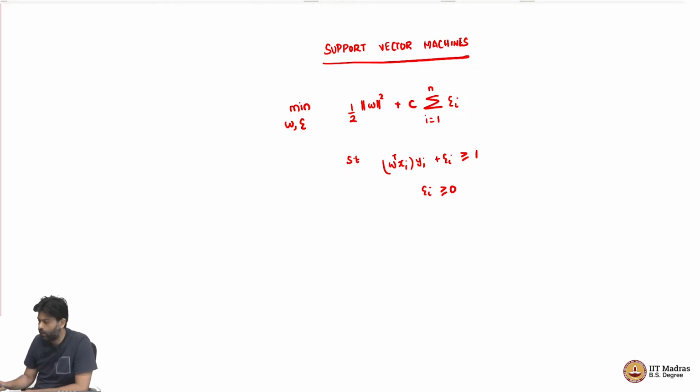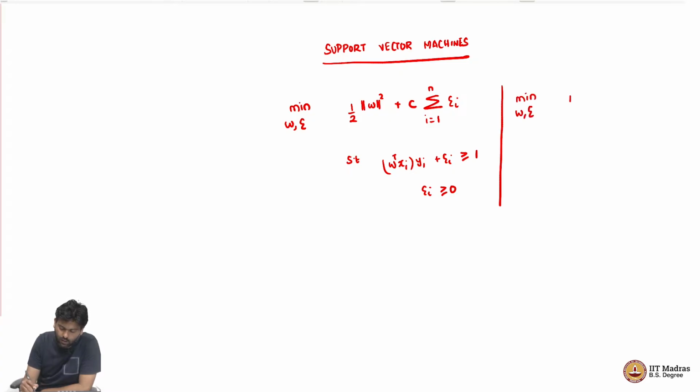Now, one way to rewrite this formulation would be as follows, because we want to understand this from a loss functions point of view. I can rewrite this equivalently as: minimize over W and psi. I am not doing major modifications here, I am just bringing it into some standard form.